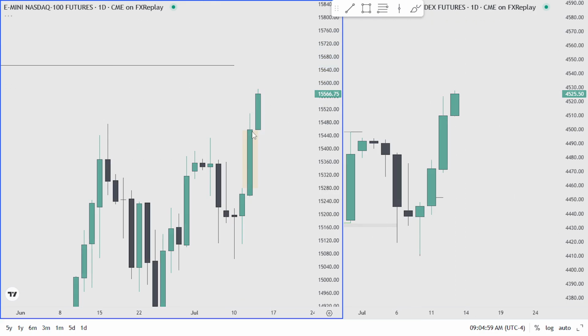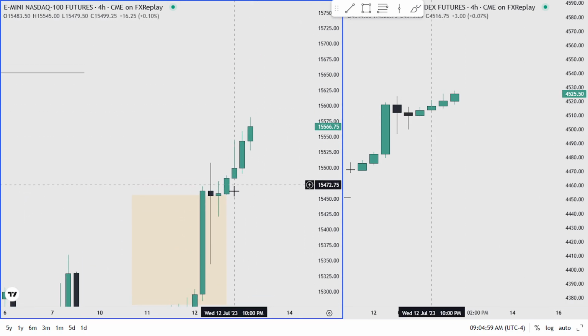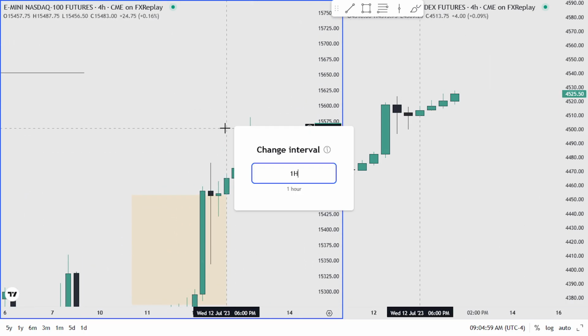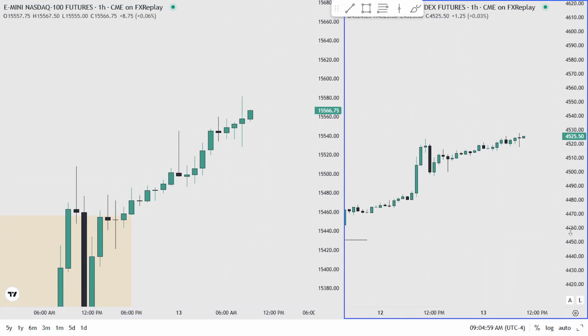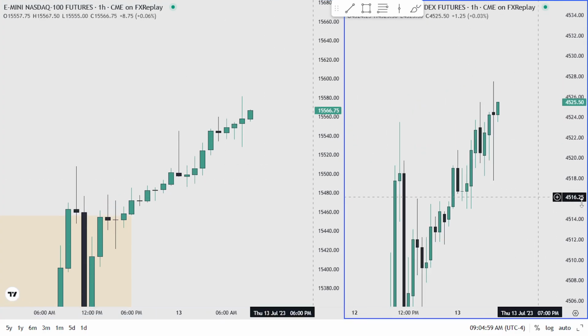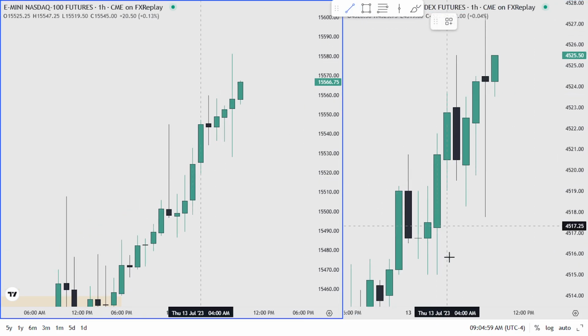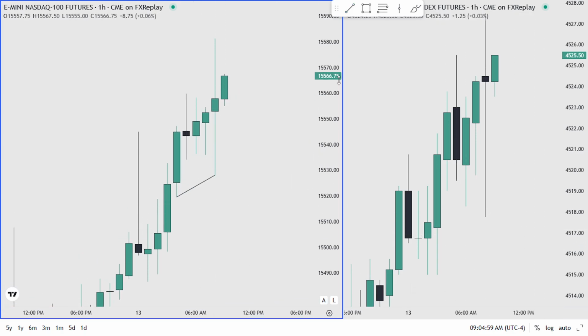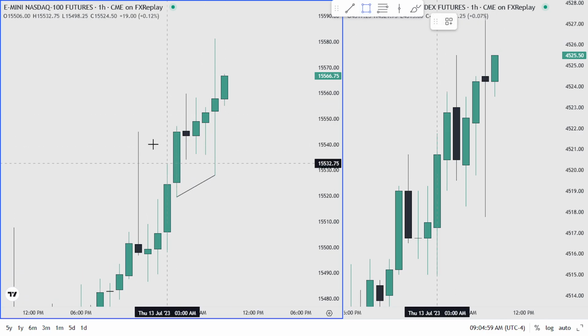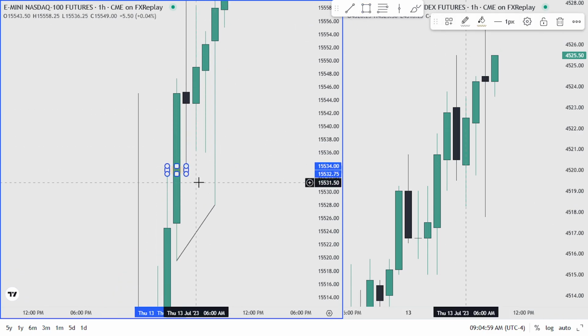If we got an hourly, yeah, it's been trading. All right, so what I can see in hourly is the price took this low at ES, and we have an hourly FVG, right?